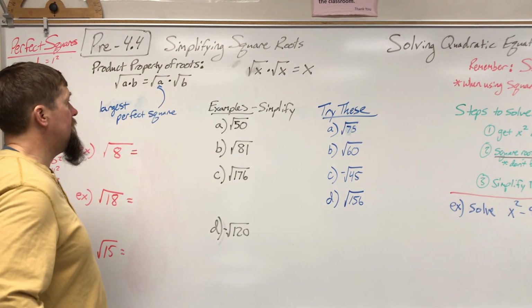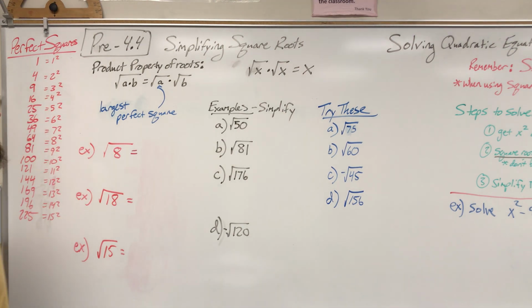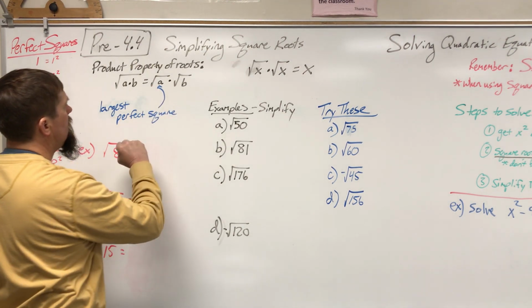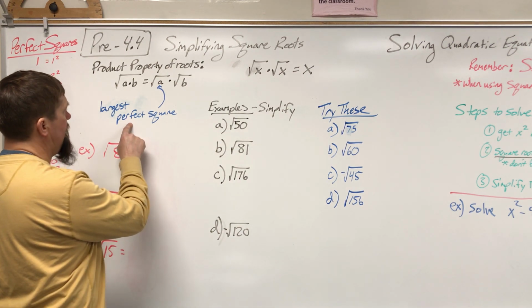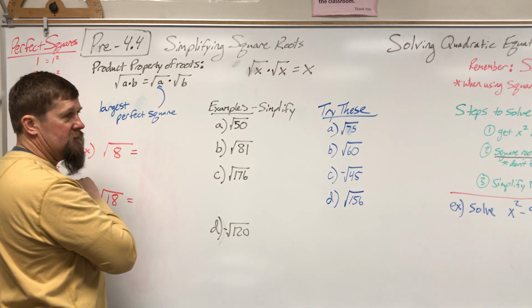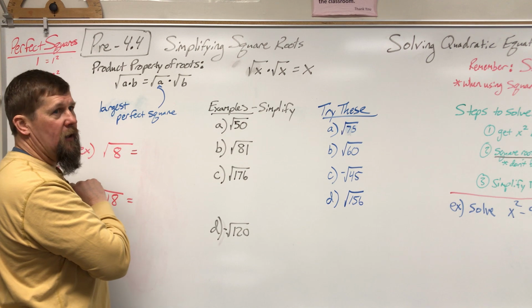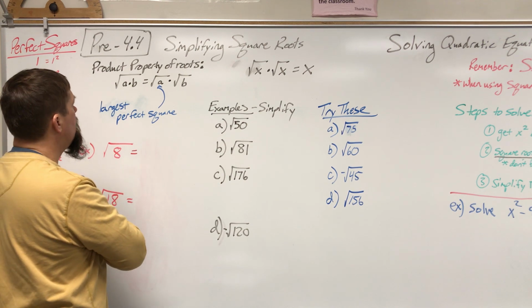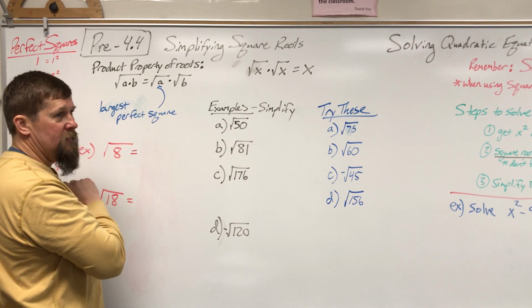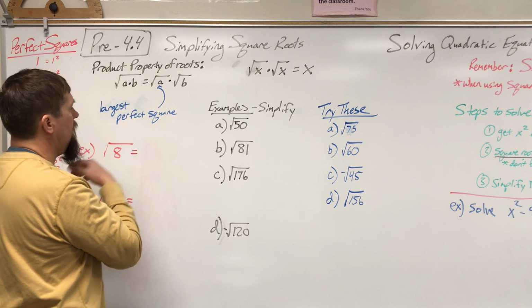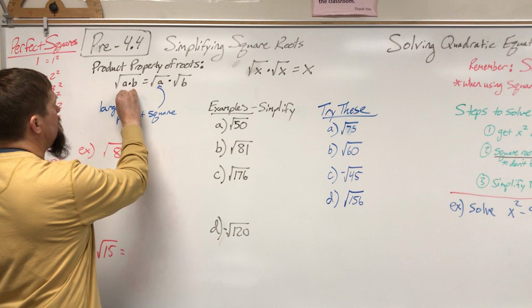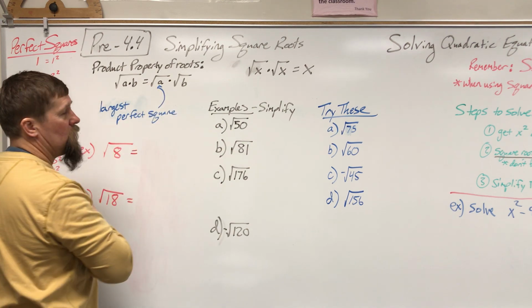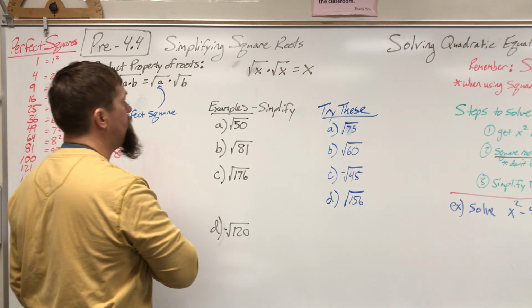So the square root of A times the square root of B. When we do that, when we're simplifying, we want to try to have one of those factors as the largest perfect square possible factor of A times B, whatever that is. Okay, and I'm going to go through that. But that's one thing you need to know: the square root of A times B is the square root of A times the square root of B.